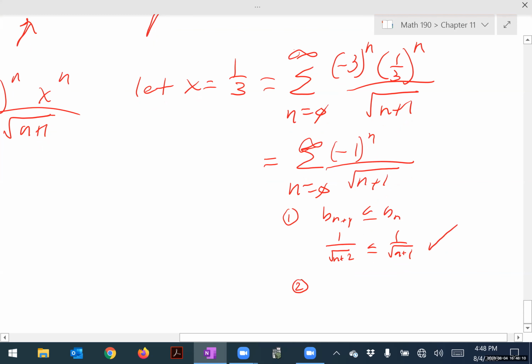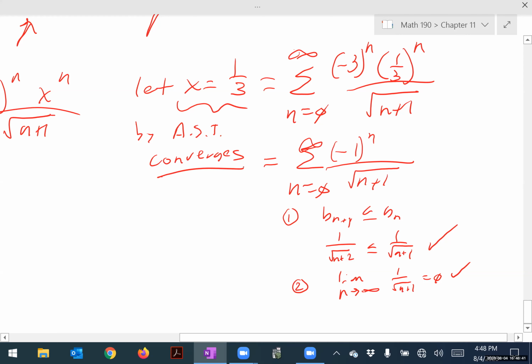What about the second condition? Does the limit as n goes to infinity of 1 over the square root of n plus 1 equal 0? Yes. So by the alternating series test, this thing converges. So at x equals 1/3, it converges.